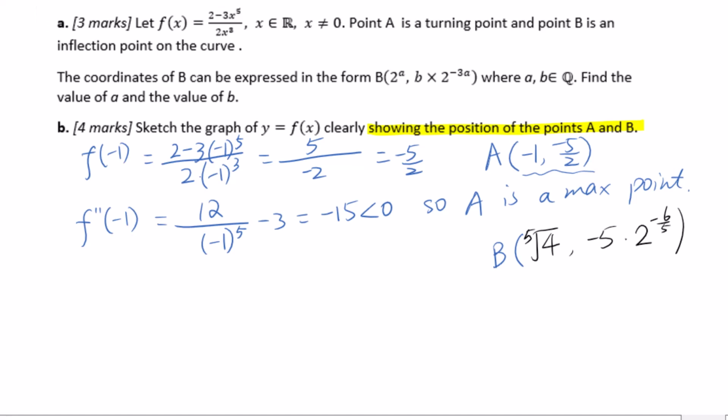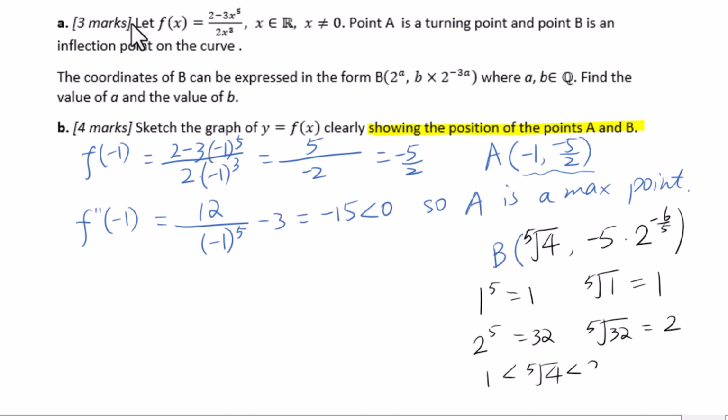We need to estimate the value. 1 to the fifth power equals 1, which means the fifth root of 1 equals 1. 2 to the fifth power equals 32, which means the fifth root of 32 equals 2. Therefore, the fifth root of 4 is greater than 1 and less than 2.